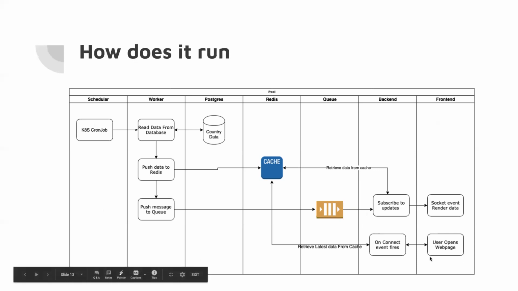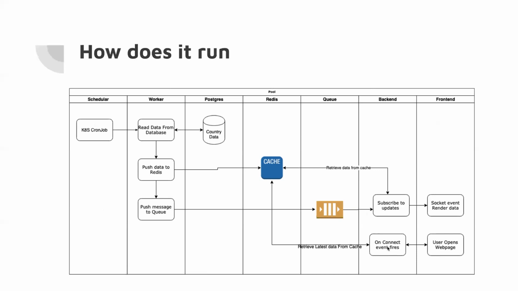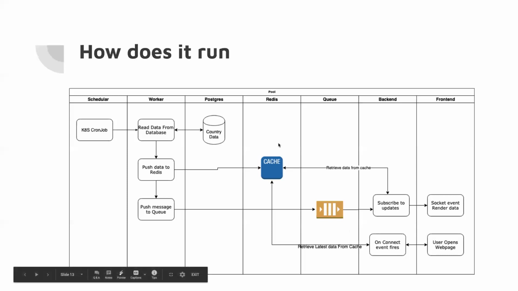But what happens when a user first opens the web page? The WebSocket connection is created to the backend. The backend has an event handler that says, when a new socket connects, I need to do something. So what does it do? It just retrieves the latest data from the cache, and then it renders it to the user. So every time a new user connects, they just get the latest cache data, which means we don't have to do any database reads.